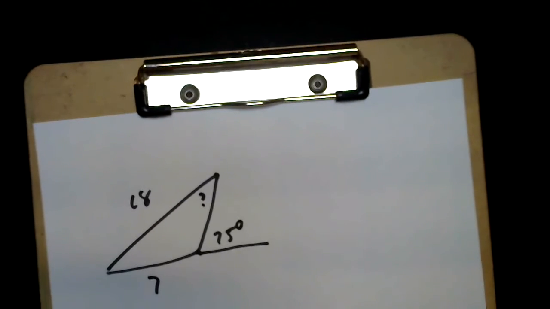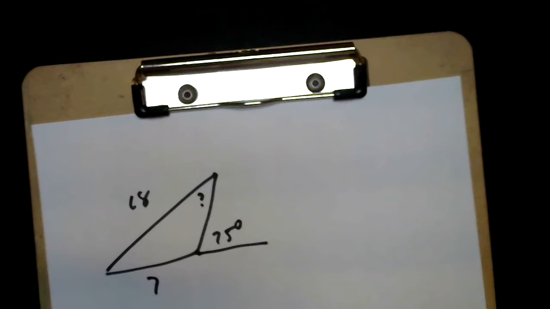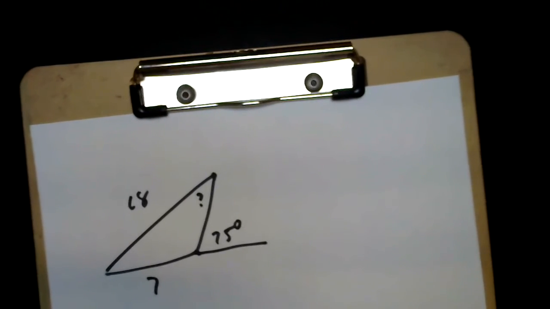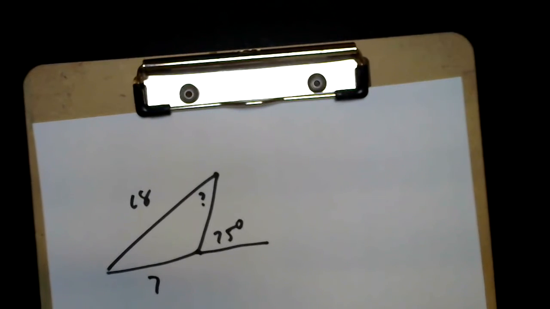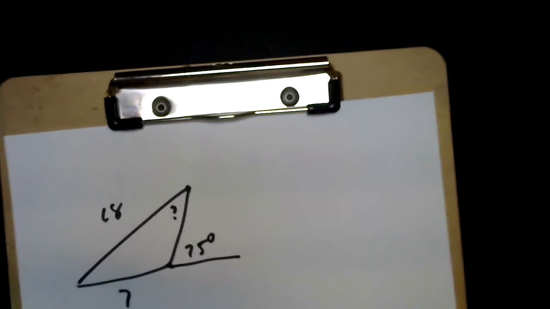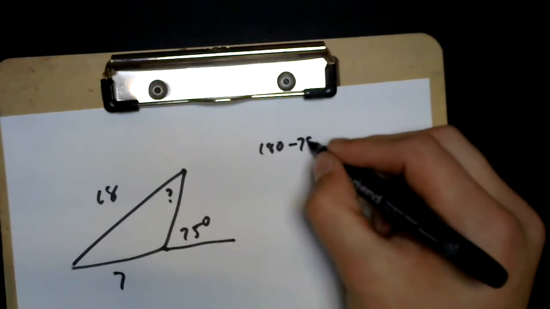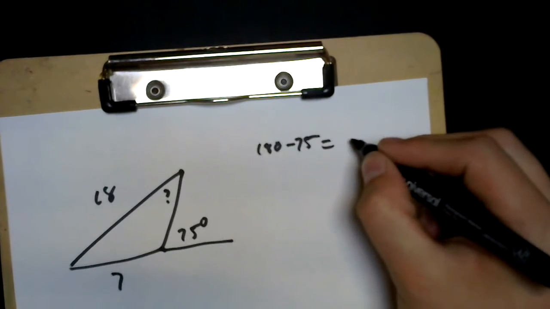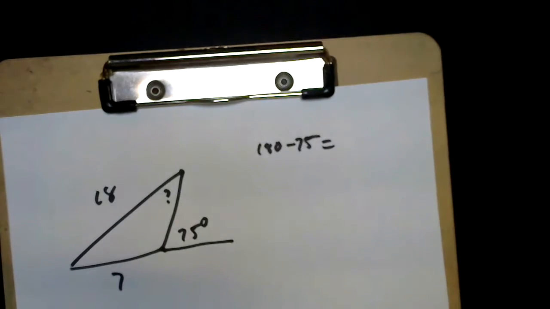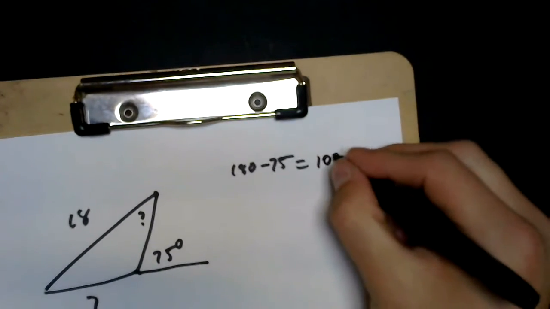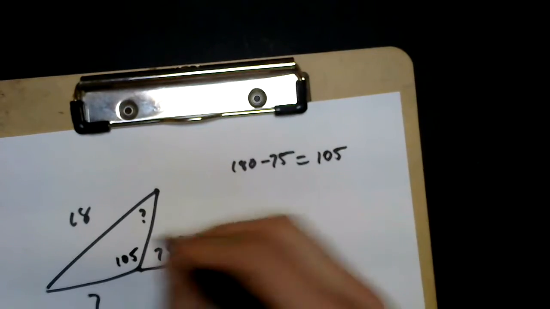So you may once again be asking, boy, that's lots of stuff going on there. So like the original problem, supplementary angle, so 180 minus 75 equals, I believe it's 105. So we know this is 105.